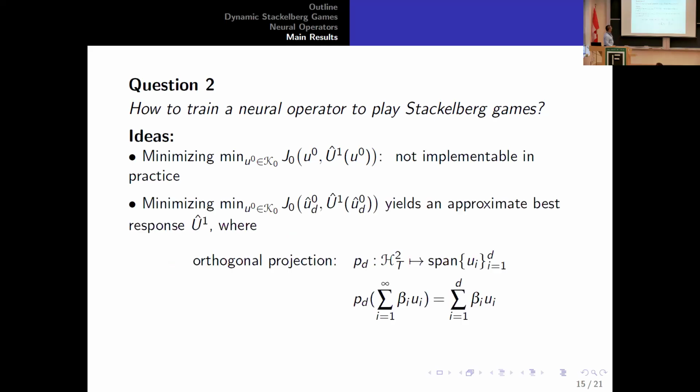So instead we train it for U0 in the compact set, under the hat U0 D that is projected onto the finite dimensional subspace.